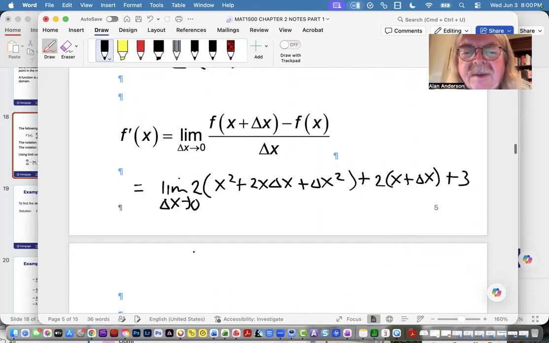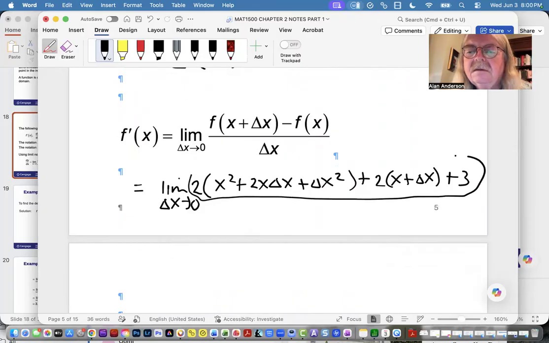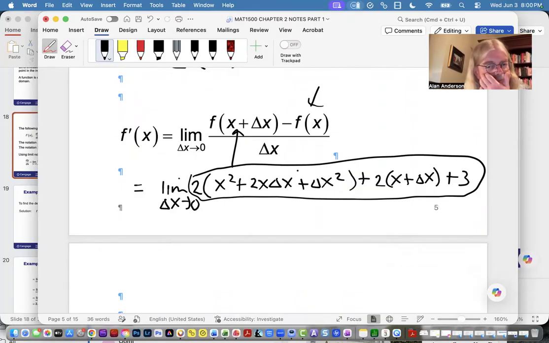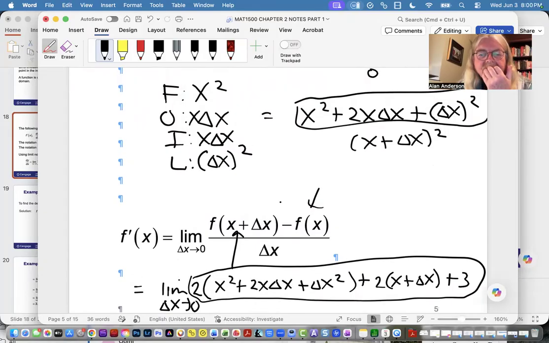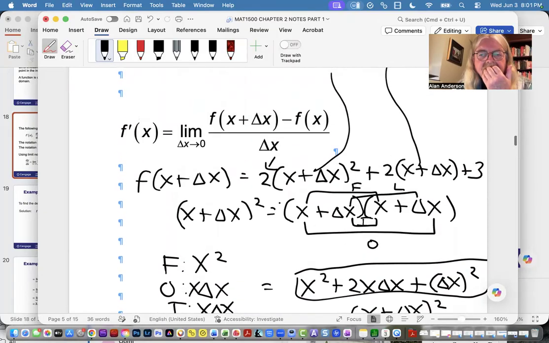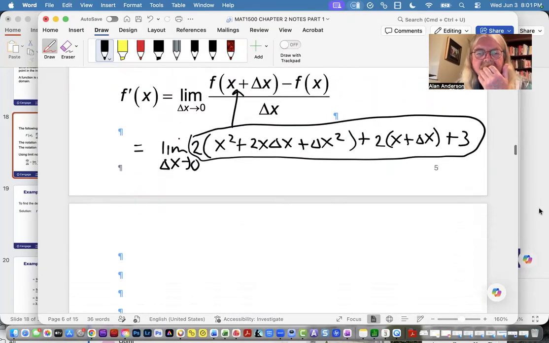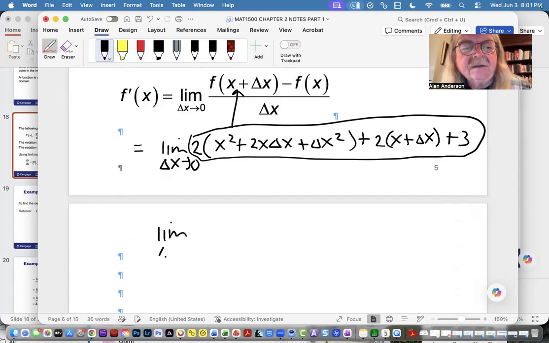And now I'm running out of space. What you see here is just this piece. We still need to subtract f of x. So let's do that. So then I'm going to, down here, write this down.